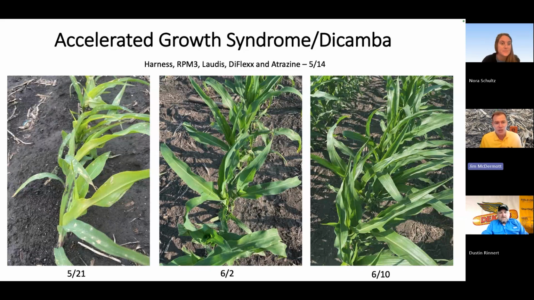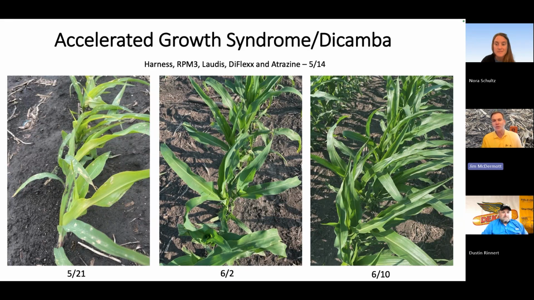And then also just again talk about crop response, and this is also from last year, but this field had the whole kit and caboodle thrown at it between Harness, Roundup, Lautus, Diflexx, atrazine, sprayed relatively early on an early planted field. You can see how tough it can look, but then the progression, it's amazing how well it can recover.